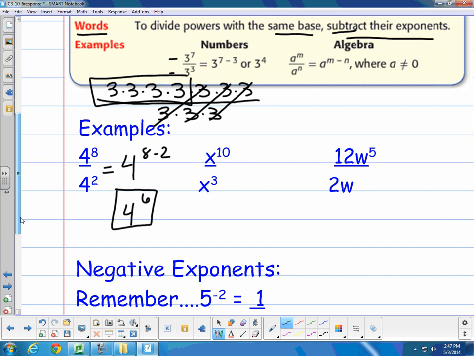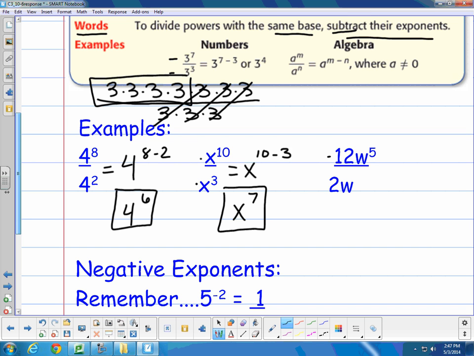So again here, the same base is x, and it's x to the 10th over x to the 3rd. So I subtract my exponents for a total value of x to the 7th power. And I'm done there. One term. It's nice and easy. Over here next, kind of like yesterday, we took our coefficients away and we divided them on their own.